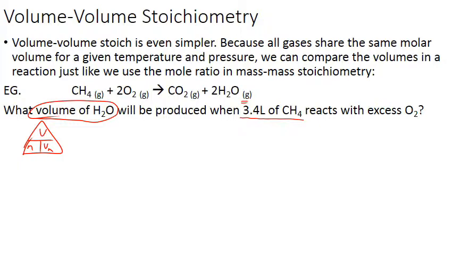Then we could convert across to H2O using the mole ratio, and then take that mole of H2O and convert that back to a volume. But we can only do that if we actually give you a set of conditions. So if, for example, we'd said at STP, then you have a molar volume you can use.